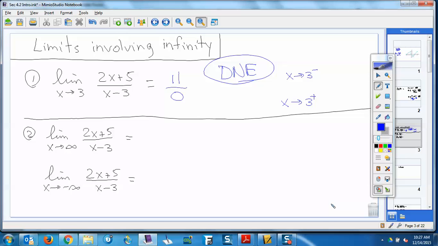So what is the limit as x approaches 3 from the left? How could we know what the y values are? Plug in a 2. We could plug in a 2. Okay? So 2 would be 4 plus 5 is 9. 2 minus 3 is negative 1. So what's that? Negative 9.